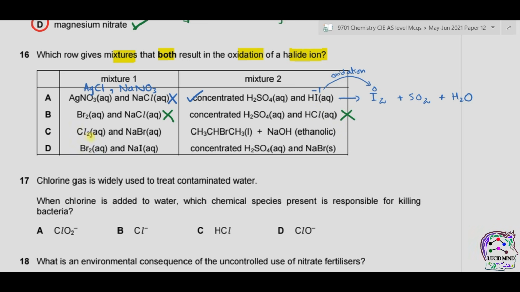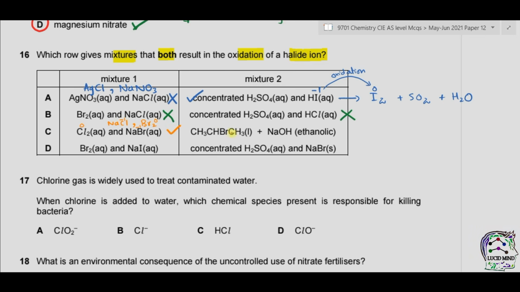For the third reaction, we have chlorine aqueous and sodium bromide. Now chlorine can displace bromine to form sodium chloride along with Br2. Now Br -1 has gone into 0 oxidation state, so therefore this is called oxidation, while chlorine has gone from 0 to -1, which is reduction.